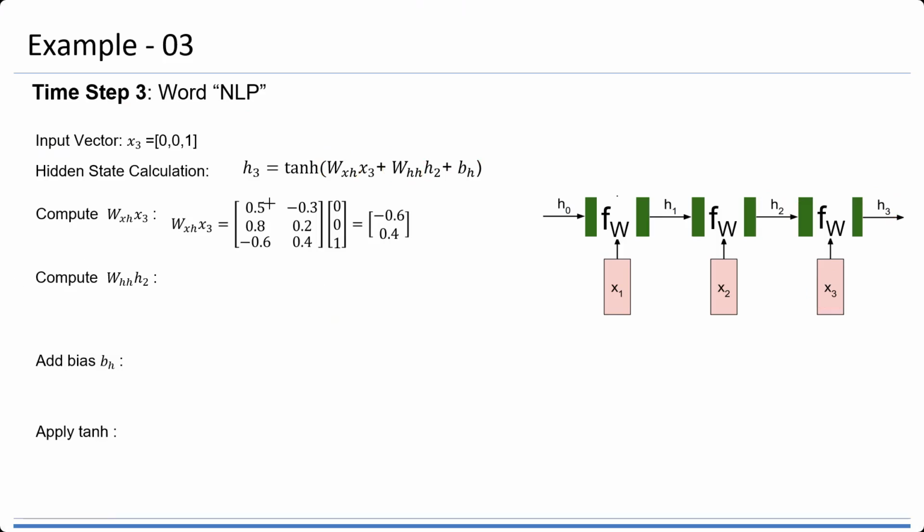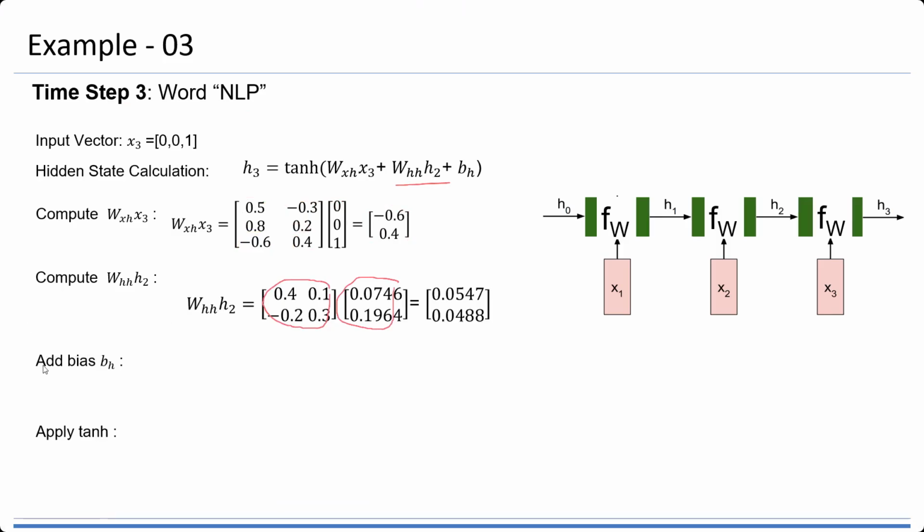This one is 0.5 multiplied by 0, and then 0.8 multiplied by 0, this multiplied by 0, and then this one multiplied by this one, and this one multiplied by this one, in order to get this value. Maybe I will make some details to how to get this one later. And we have the value for the whh multiplied by h2.